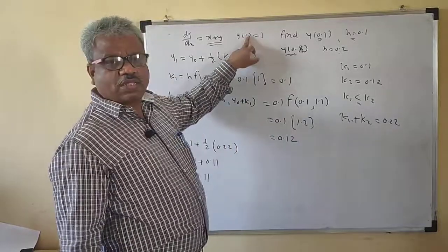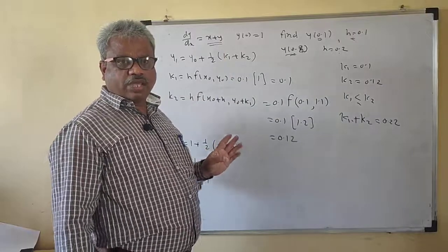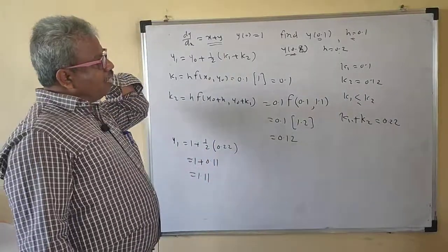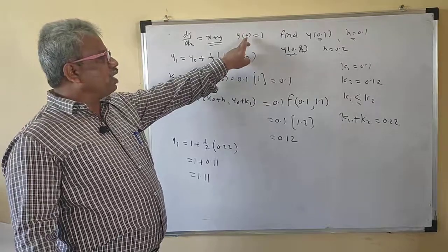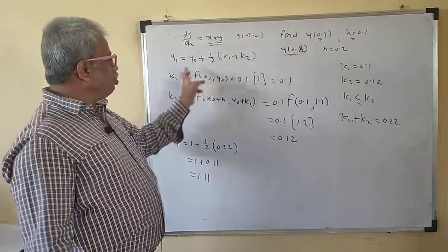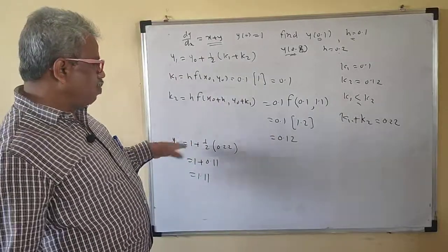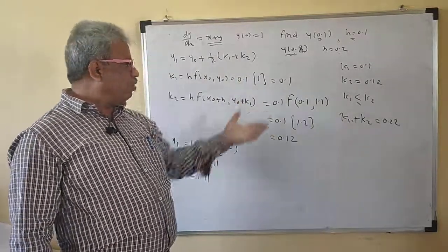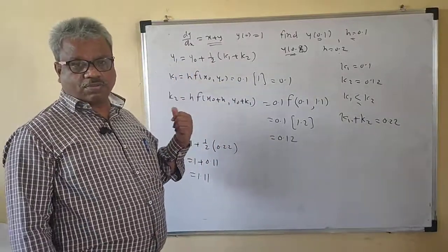If you take y3 equal to 1, no problem, your x0 will be only 3 here. So this is an initial value problem for x equal to 0. Instead of that, take y2 equal to 1, so your x0 is equal to 2. Do this problem for k1 and k2. Find k1 and k2. Only k1 and k2 play an important role in the second order Runge-Kutta formula.